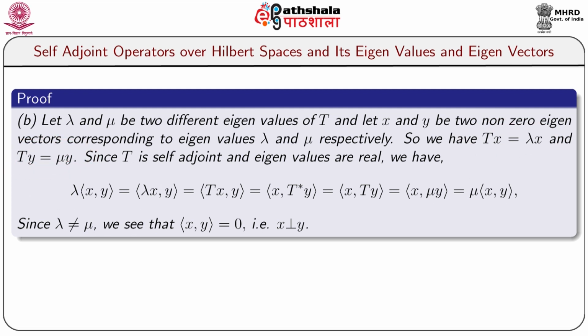Since T is self-adjoint and eigenvalues are real, we have lambda times inner product x comma y equals inner product lambda x comma y, which equals inner product Tx comma y, which equals inner product x comma T star y, which equals inner product x comma Ty, which equals inner product x comma mu y, that is, mu times inner product x comma y. So inner product x comma y equals 0 since lambda is not equal to mu. This shows that x is perpendicular to y.